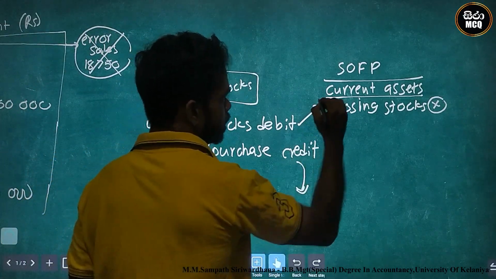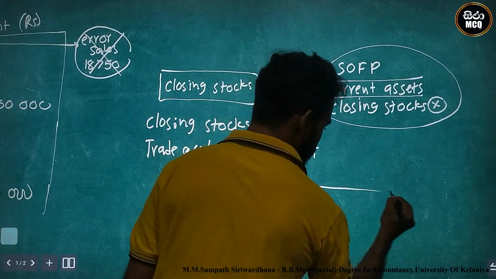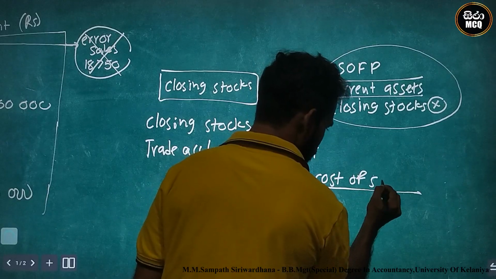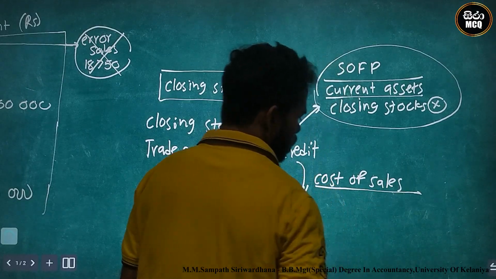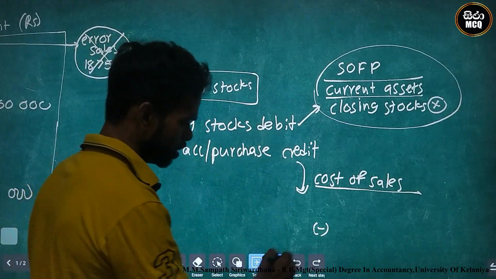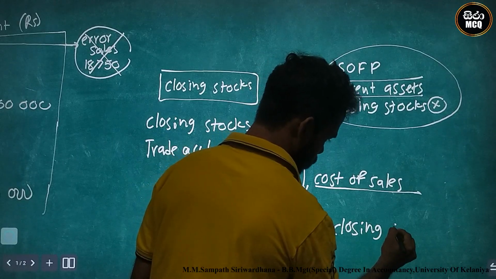It must be included where? Do you know there's a cost of sales calculation? You must deduct the closing stock from there.